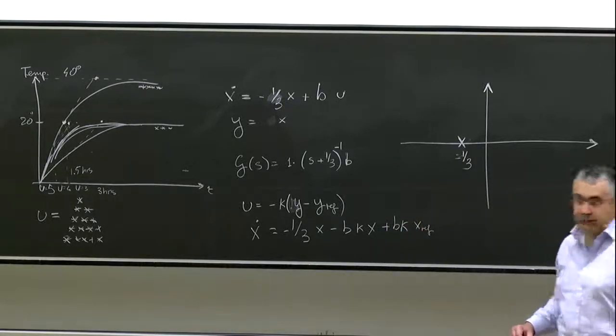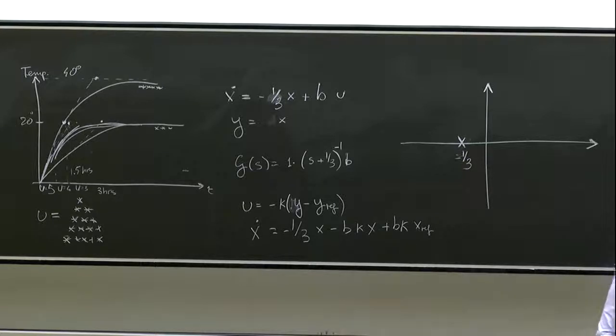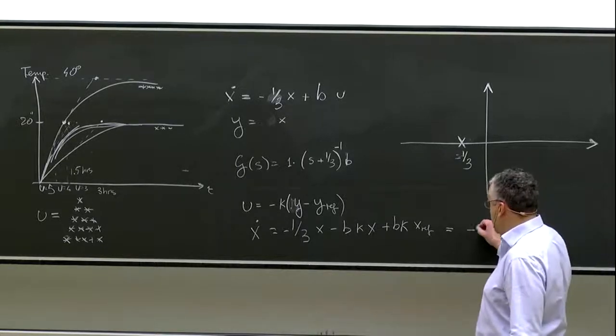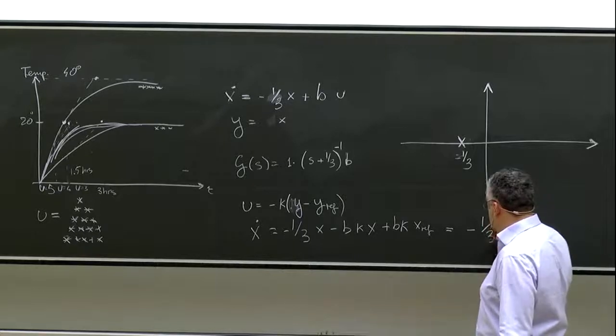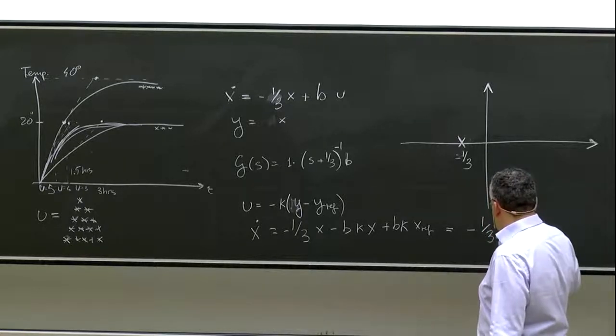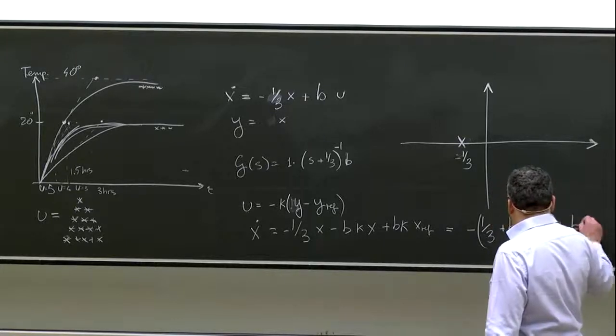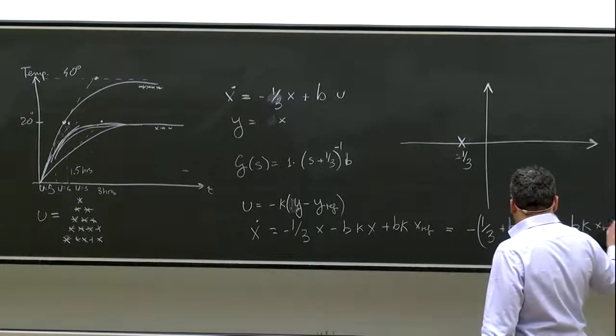So what happens to the pole, to the eigenvalue in this new system? You see that essentially this is the same as having the new system, which has minus 1/3 plus BK times X plus BK X reference, okay?